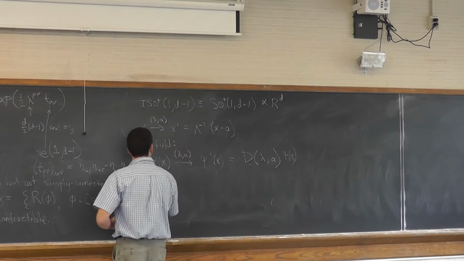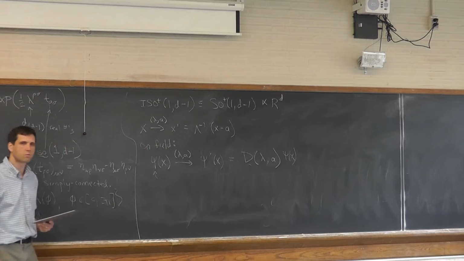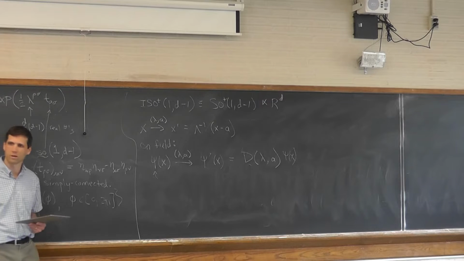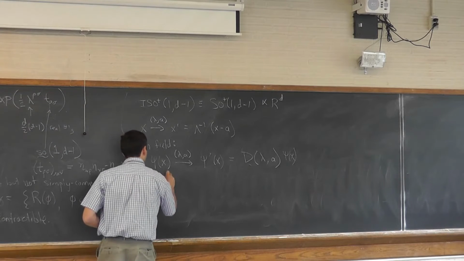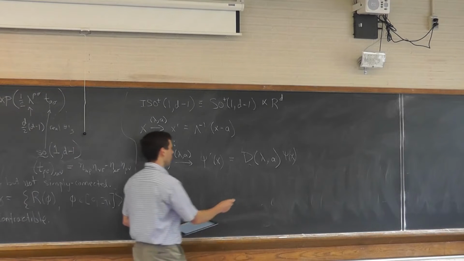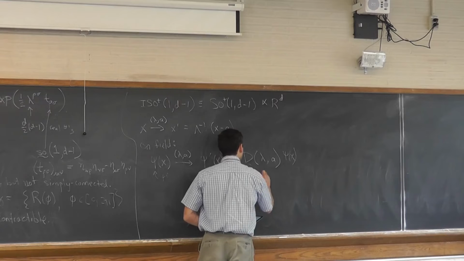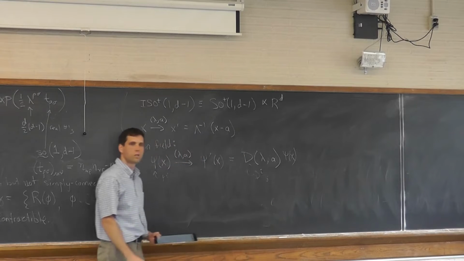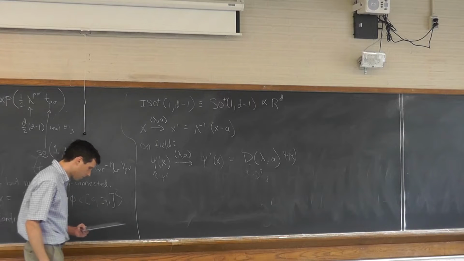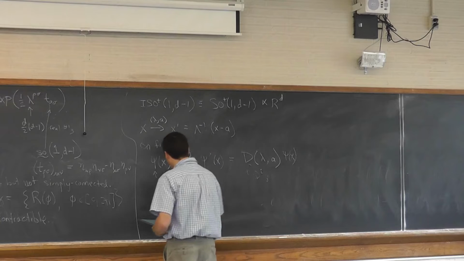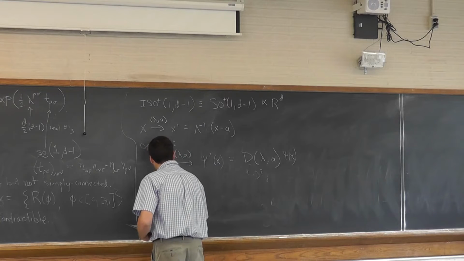Now, I want to allow this field to have indices that transform under Lorentz transformations. I'm not writing the indices, but this is secretly psi i, and this is secretly D i j, so that it can act on the field indices. But D acts on both the field indices and on space-time.